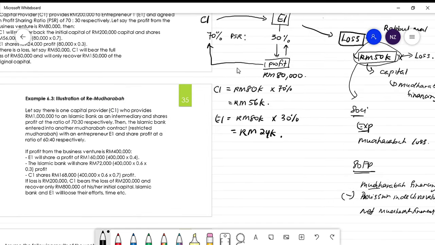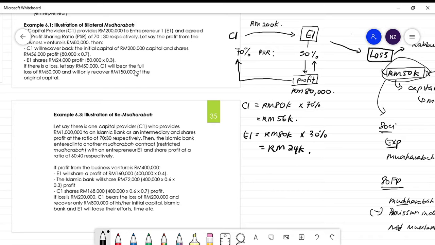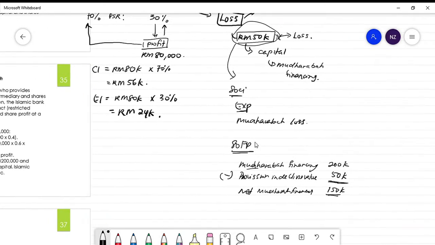So bila awak baca, dia cakap kat sini, C1 will bear the full loss of 50k and will only recover 150,000 of the original capital. Sebab saya cakap tadi, the capital telah ditolak dengan amount losses kita tu.